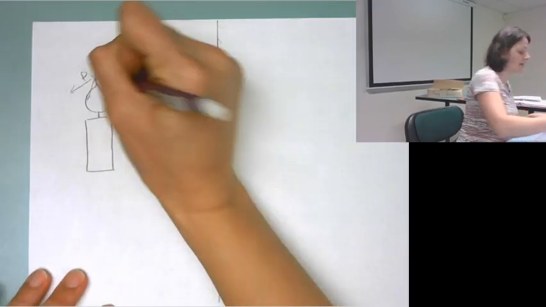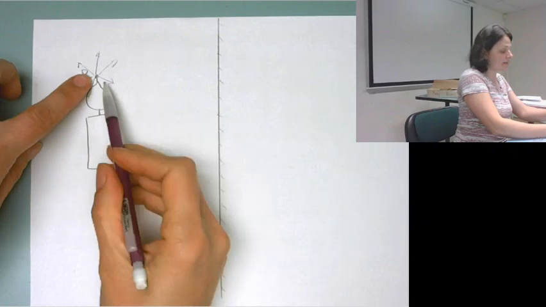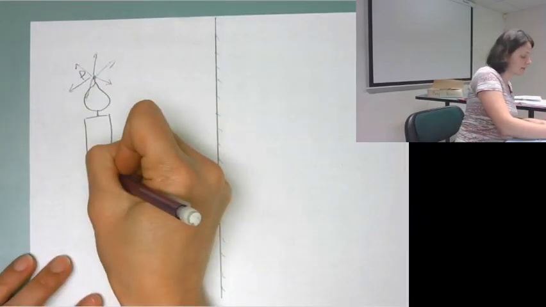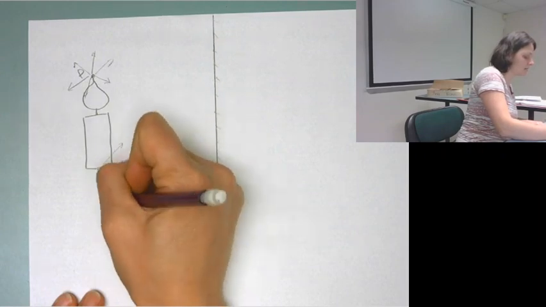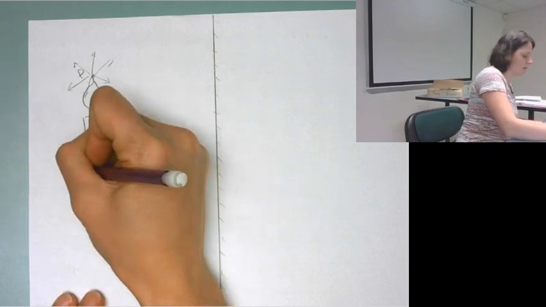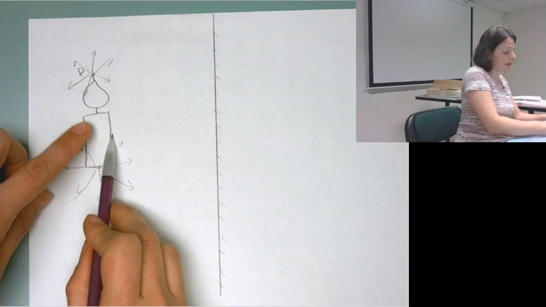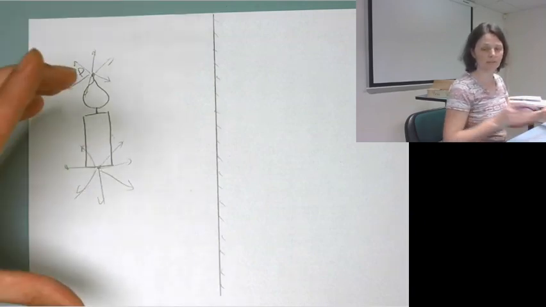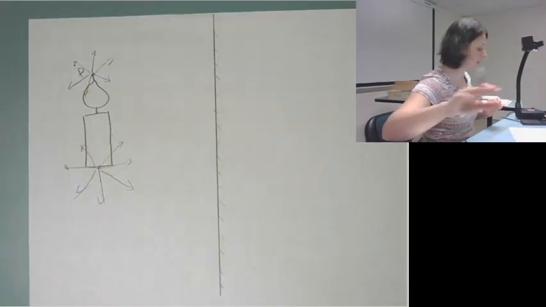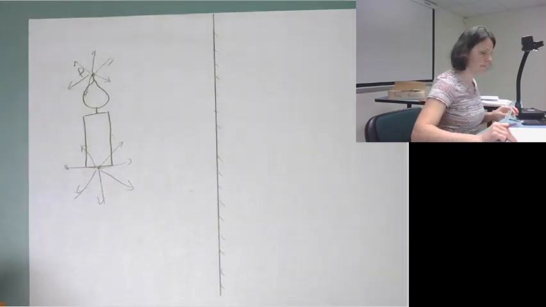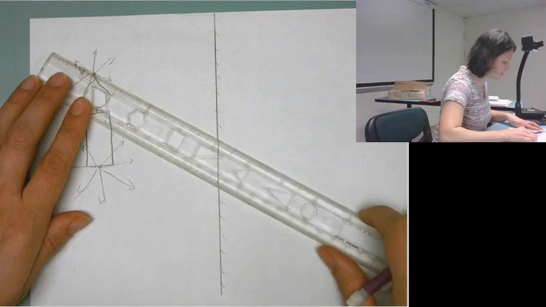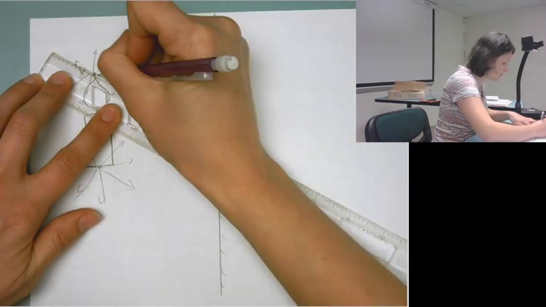And this is a pretty complicated object, right? So this point is emitting light out equally in all directions. This point down here is also emitting light out equally in all directions. And this point here, and this point here, and this point here, it's a pretty complicated object. So there's tons of different points here that are all emitting light out equally in all directions. So I'm going to draw a few of them as being ones that just kind of come down here. So let's pick three of them.